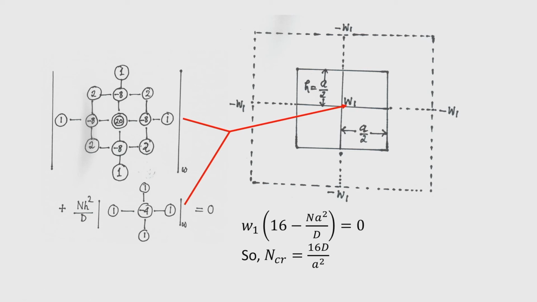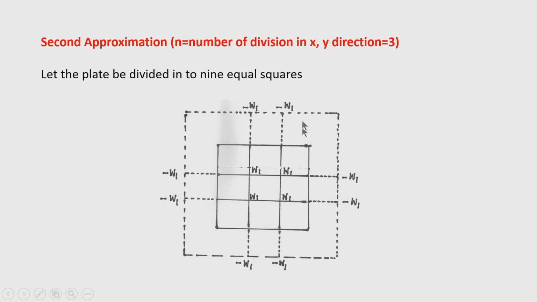So, let us see whether we can improve the accuracy of this method by increasing the number of divisions. Okay. So, in the next step we take the second approximation, we take the number of divisions as 3. So, we divide the plate into 3 equal divisions.